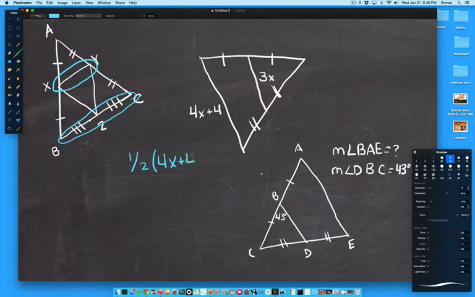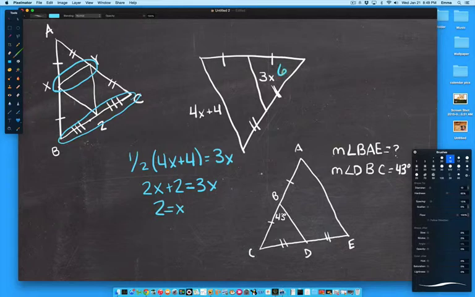So we would set up our equation like this, and then multiply 4x plus 4 by 1/2. Then subtract 2x from both sides, and you get 2 equals x. Then you plug it back in, and you get that 3 times 2 is 6, and 4 times 2 plus 4 is 12.